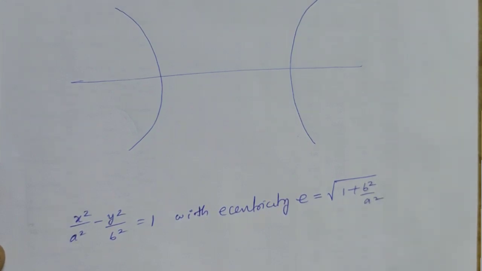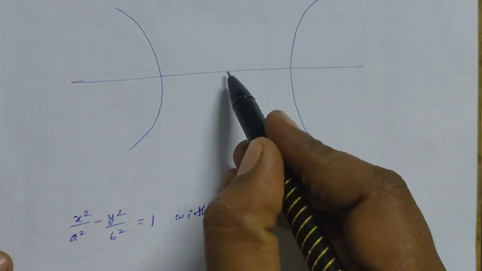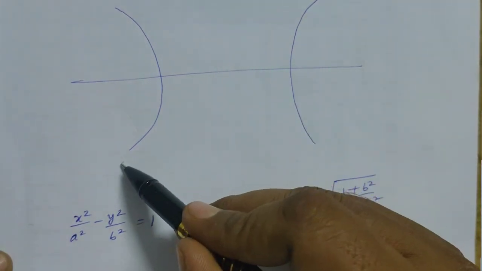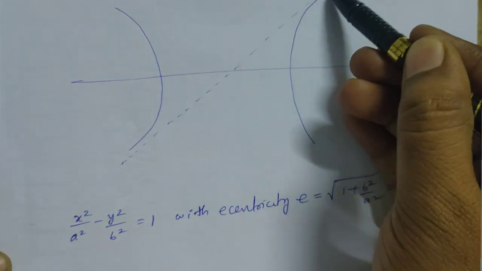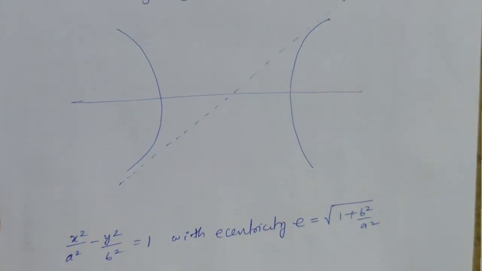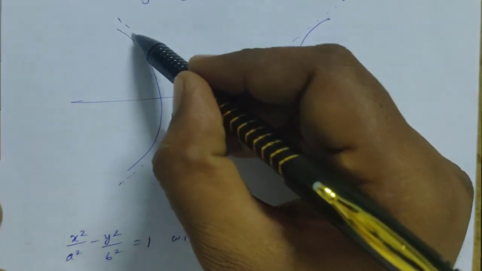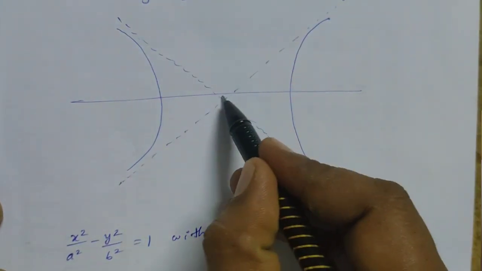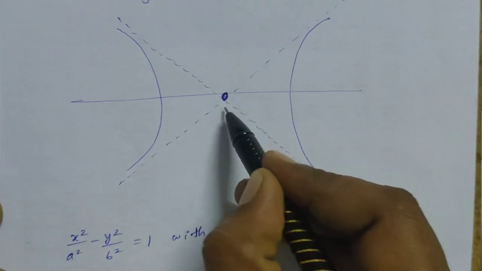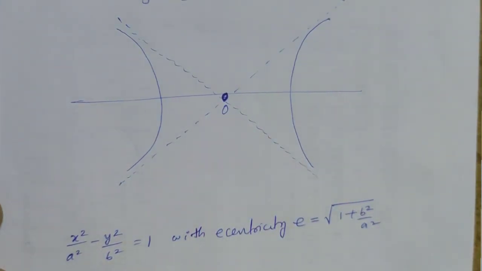Here a and b are the major and minor axes. Let's see here, I am drawing tangents at infinity. Generally we call tangents at infinity the asymptotes, so these are the asymptotes of this hyperbola. This is the intersection point, call it O, and there will be two foci.